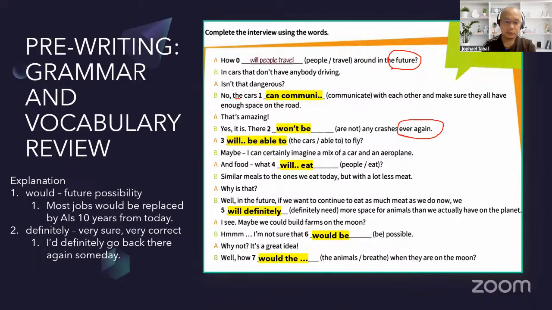So would here means future possibility, and definitely here means very sure, very correct. So that's why the answer here is, how would the animals breathe when they are on the moon? So future possibility, not yet happening. I'm not sure that would be possible. So also future possibility.